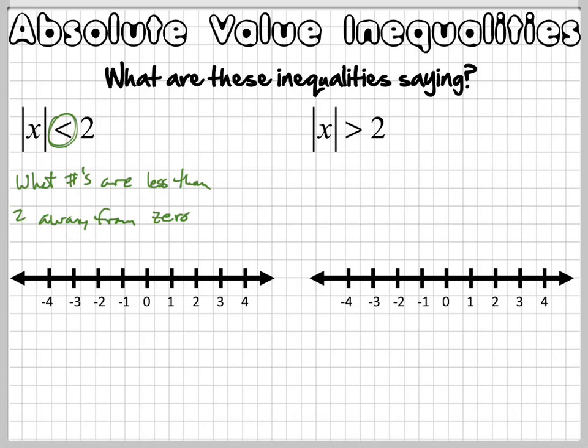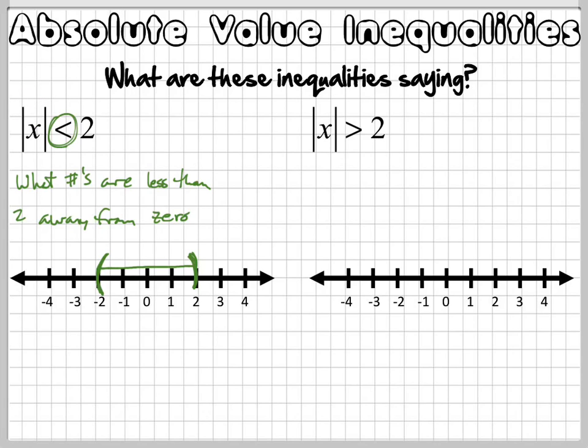So what numbers are those? -2 is not less than 2 spaces away from 0. It doesn't include -2, but it starts at -2. It doesn't include +2, but it starts there. So these are all your numbers right here. This interval includes all your numbers that satisfy this.